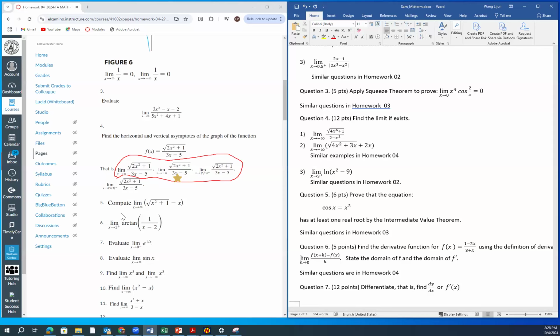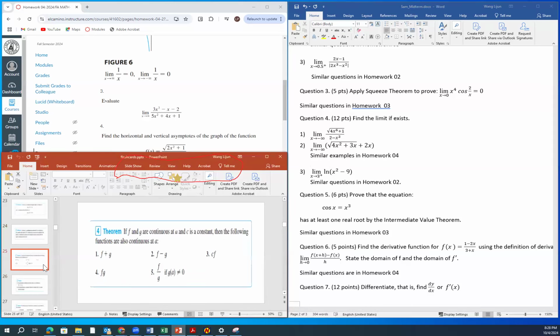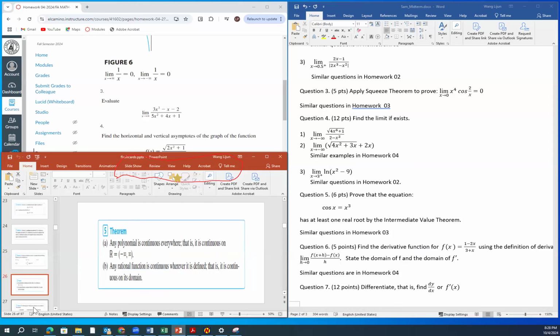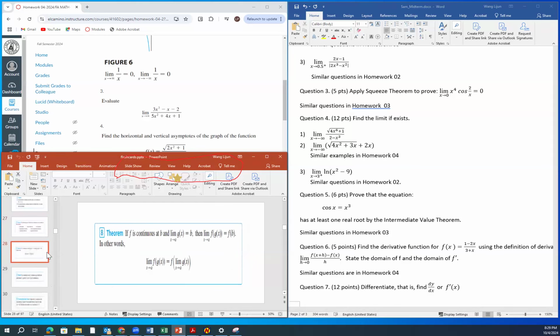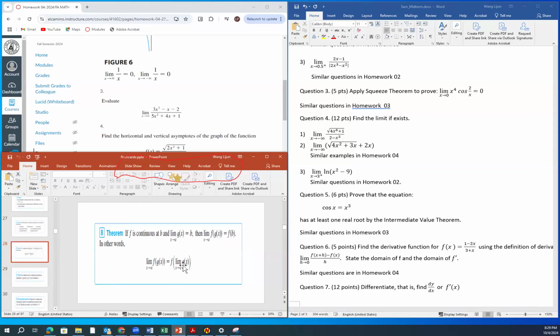And keep going. These questions involve another important continuous function property, which I talked about earlier, this one and the next one, which is a composition of continuous functions.